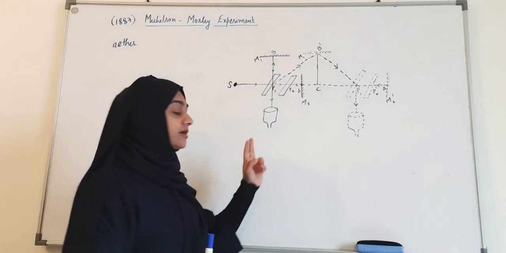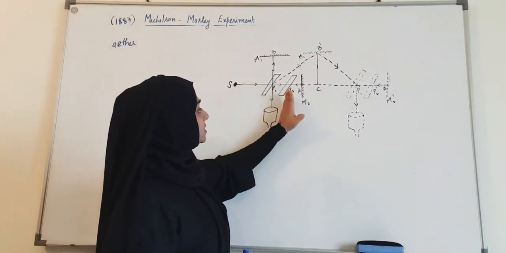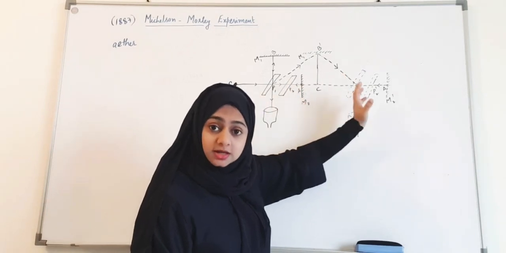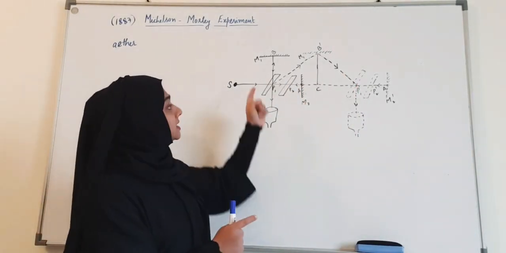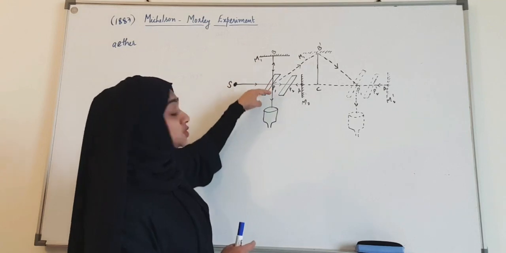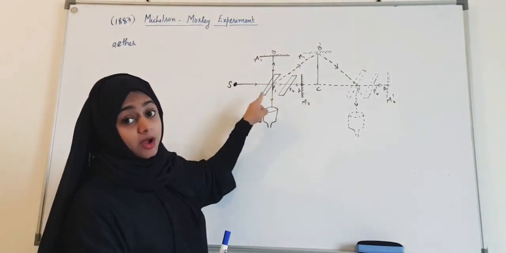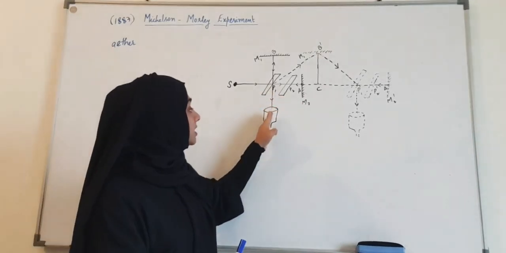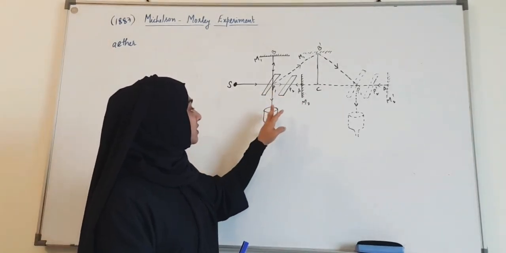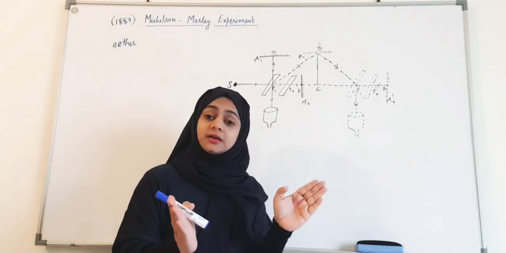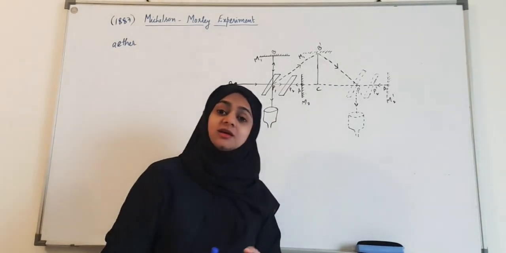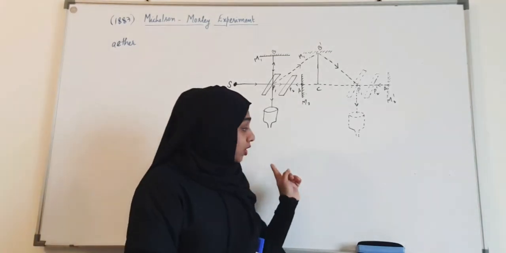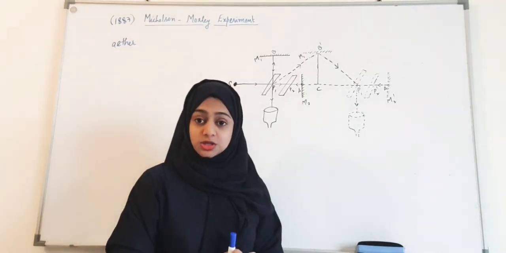So if light has a relative velocity with respect to the earth which is moving through this ether current, they try to find a time difference between these two light rays and hence a path difference. So if there is a path difference, then there should be interference fringes. When the whole apparatus gets rotated through 90 degrees, there will be a shift in the fringes which could be observed. That was their initial idea.